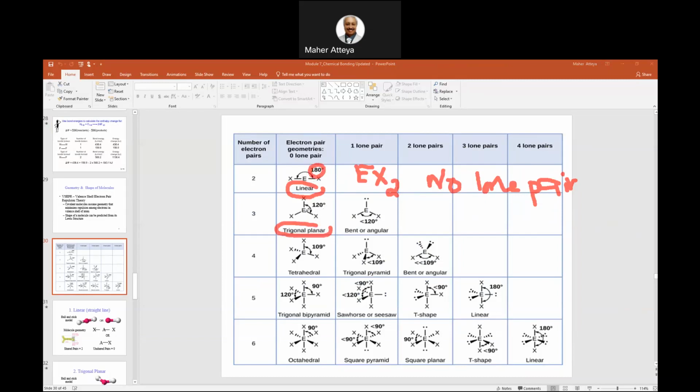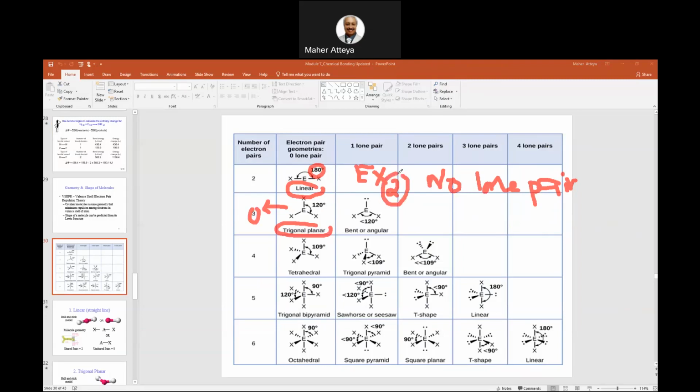And look at this very carefully here, guys. If I have 3 of them connected to the central atom, what's the code for this? How many regions do I have? 3. Why 3? You can tell just by looking at the terminals.